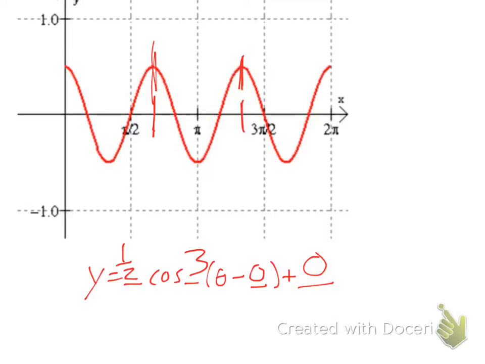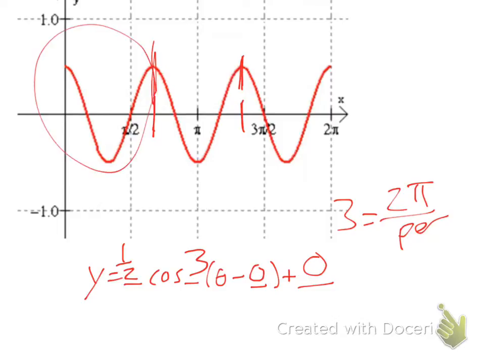When it is 3, that means 2 pi over the period is equal to 3, right? Because 3 is our coefficient. What would the period have to be, guys? What is the period actually? What is that first initial period right here? Solve for the period. Swap the places, right? Multiply by period, divide by. So the period actually is 2 pi over 3.